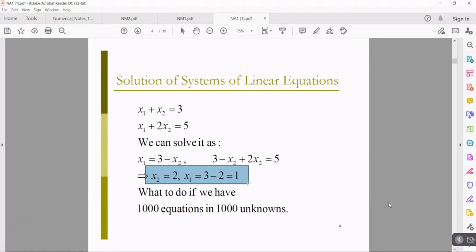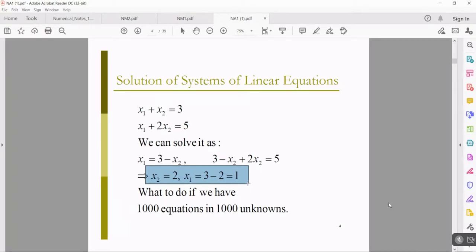So if instead of two equations we have three equations, like x1 plus x2 plus x3 equals to 3, and x1 plus 2x2 plus 2x3 equals to 5, you know that the procedure will take a little more time to solve three linear equations in three variables.